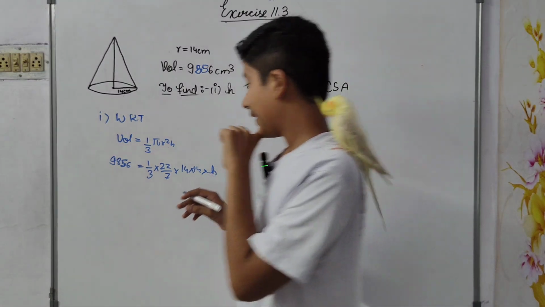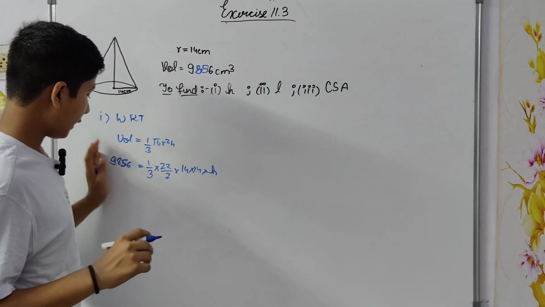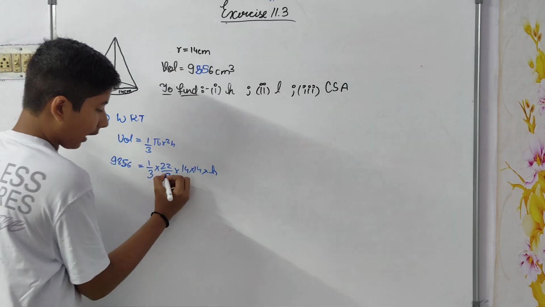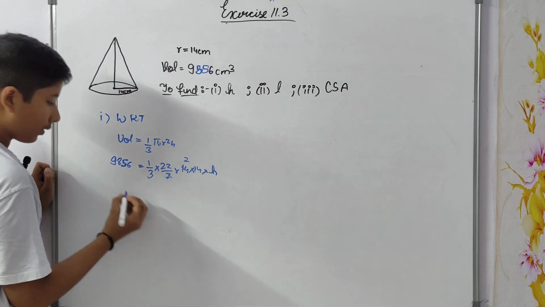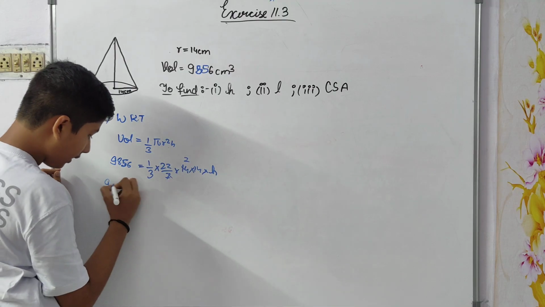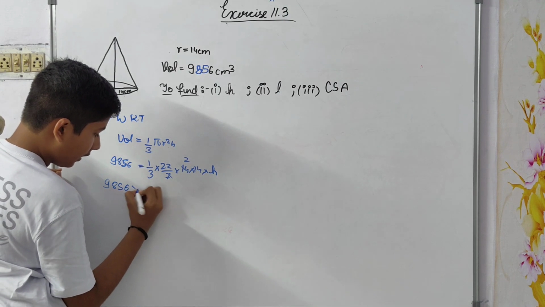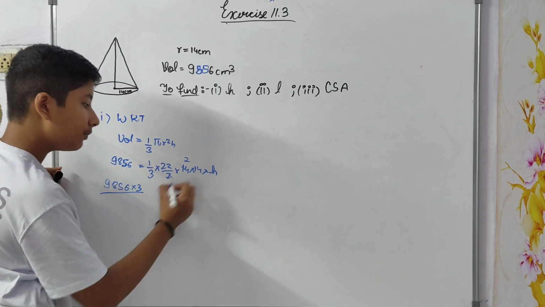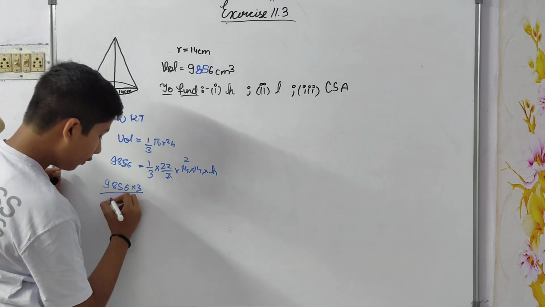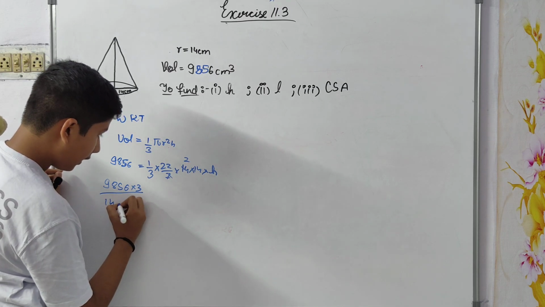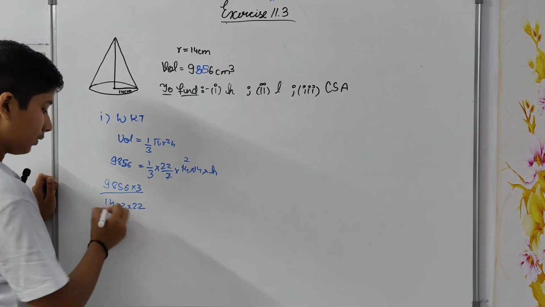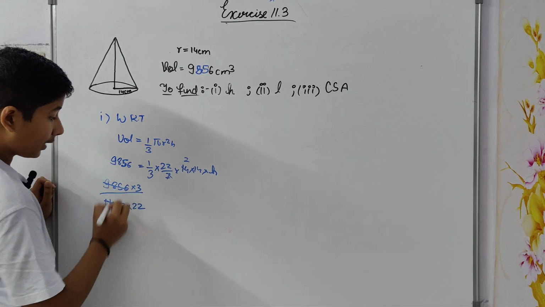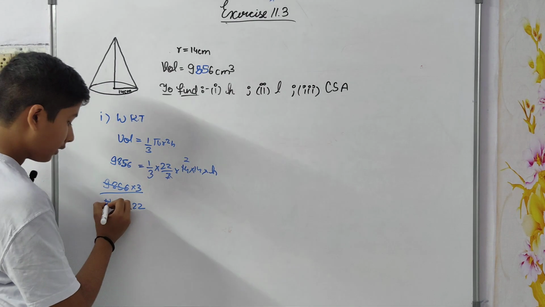Okay. So now 9856. So when we cancel this off, 7 2 times 14. Okay. 14 to the 28 and 9856 into 3 divided by 14 into 2, 14 into 2 into 22. So 14 into what should we divide? 14.